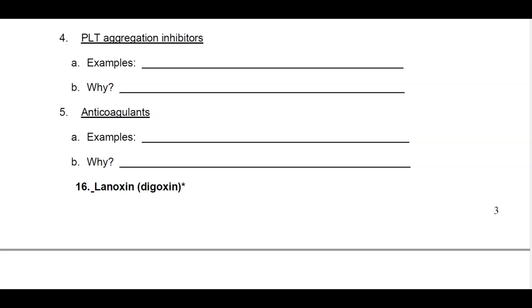Whenever your blood is not flowing well, it's not moving, there's a higher risk for clotting. Therefore, it is very important to put our patients on platelet aggregation inhibitors to prevent them from developing complications related to that stagnant blood flow. They become at high risk for developing clots such as DVT, PEs, MIs, and embolic strokes.